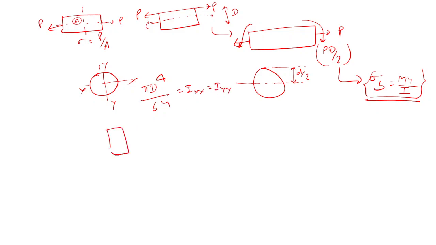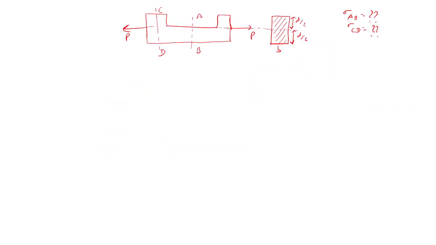And for the rectangle, let's suppose this is d and this is b, Ixx would be b d cubed by 12, and Iyy would be d b cubed by 12. So try to solve this question. After 1 minute I will solve. Whoever did, then we can solve after the 1 minute.